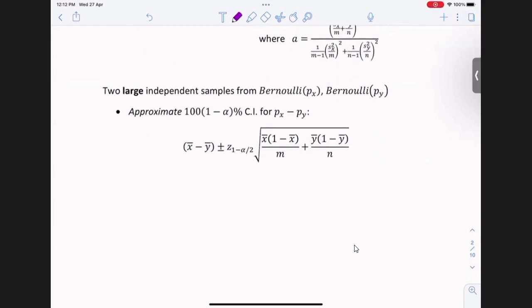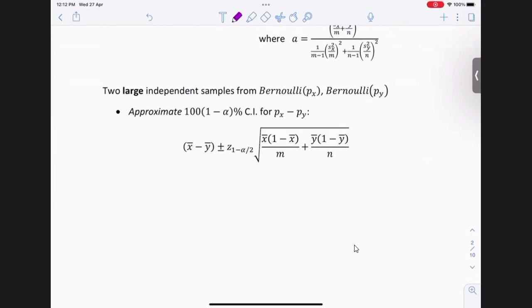Finally, we also have the comparison of population proportions. Suppose we have two large independent samples from two populations. Each of them has their own population proportion. We want to compare them by calculating a confidence interval for the difference. Then this will be the formula, where M and N are the sample sizes of these two samples. Okay?